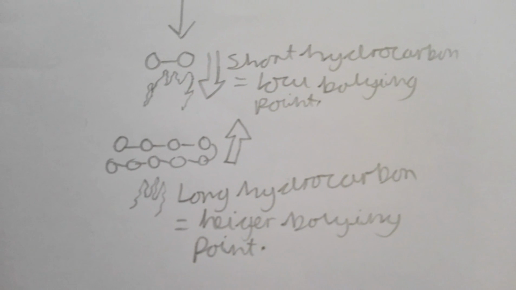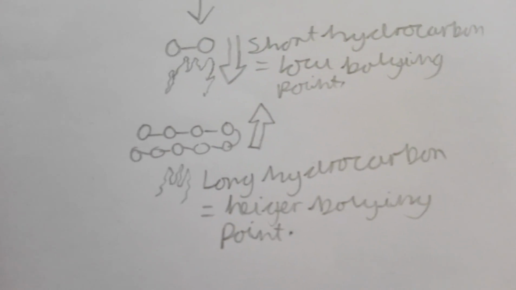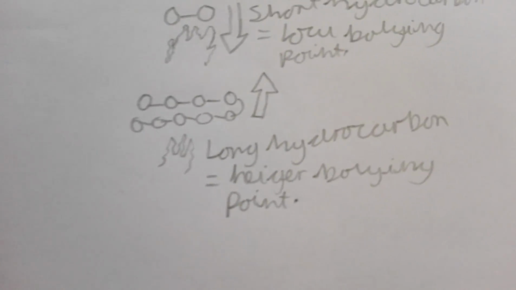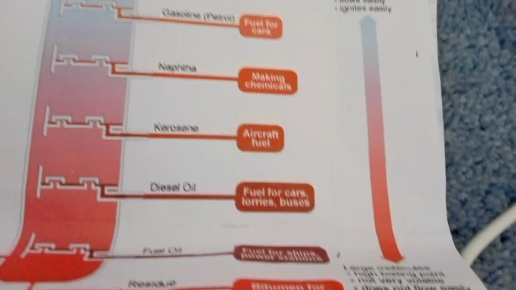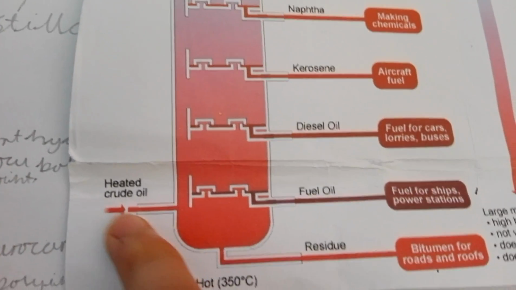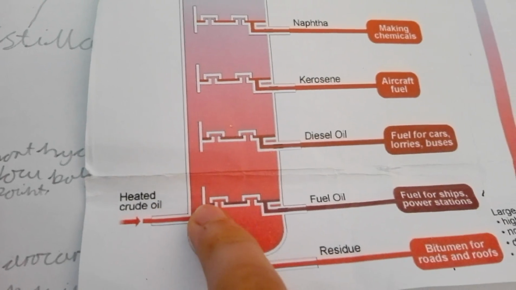But how does this mean that we can do fractional distillation? Just to make it a little bit clearer for you, I'm going to go on to this picture, which I got from BBC Bitesize. As you can see, we've got a big tube, and this side is where crude oil is heated and put into this.